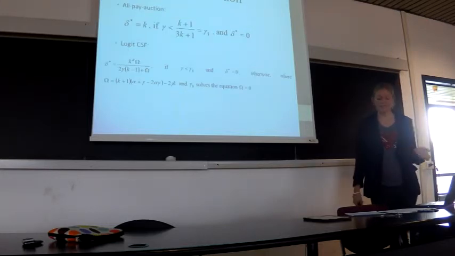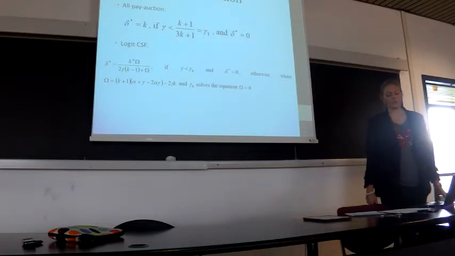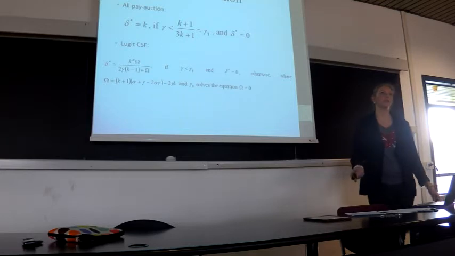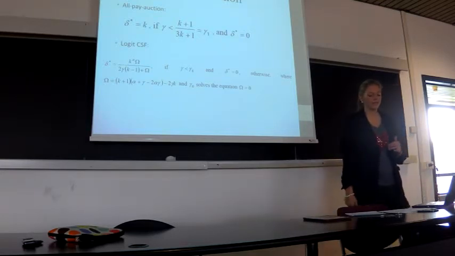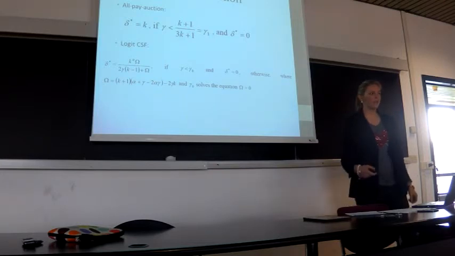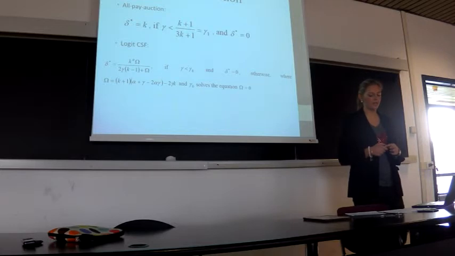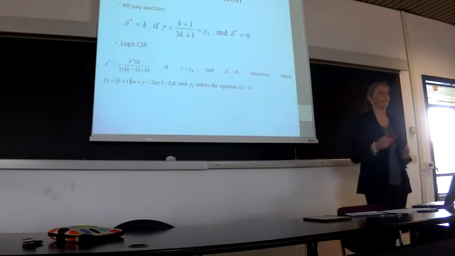So basically, in the all-pay auction, the optimal bias has 2 values. Either sigma equals k, or sigma equals 0. And the bias in favor of contestant 2 is always larger than or equal to this bias under the logit CSF.